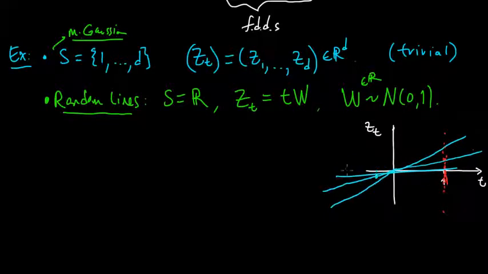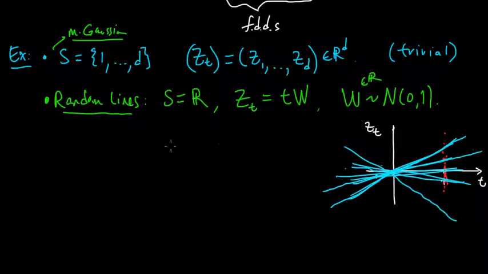Oh, they all have to go through the origin. So if we were to draw successive samples of Z_t of this Gaussian process, they would look like this. They would just be these random lines.